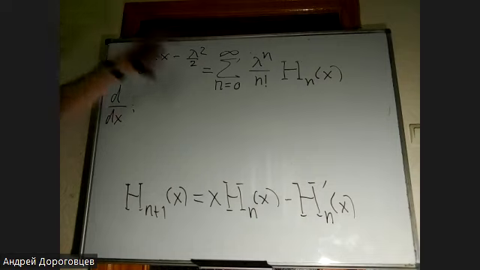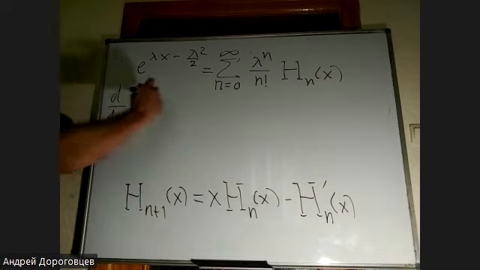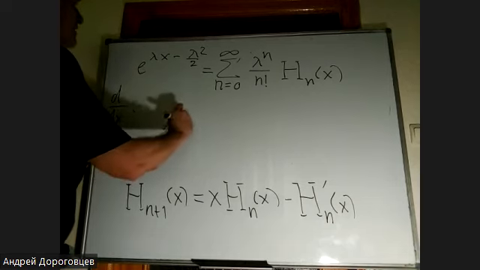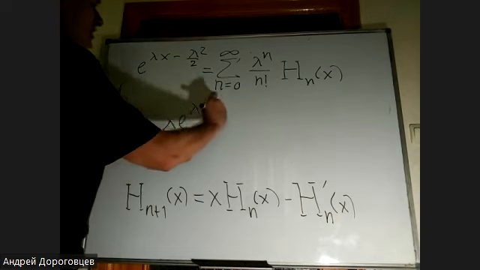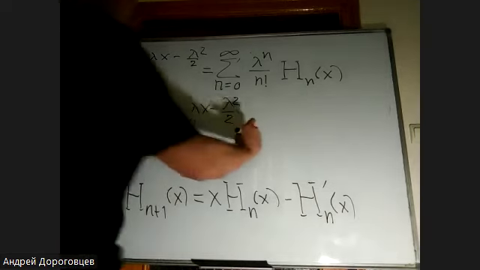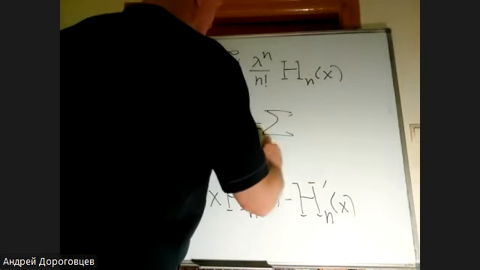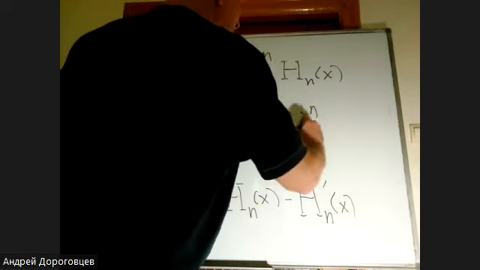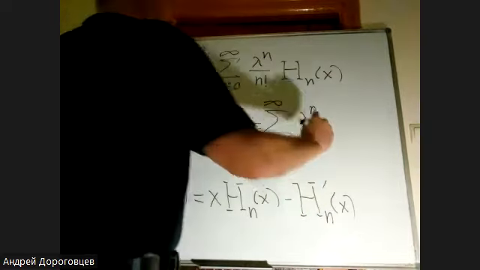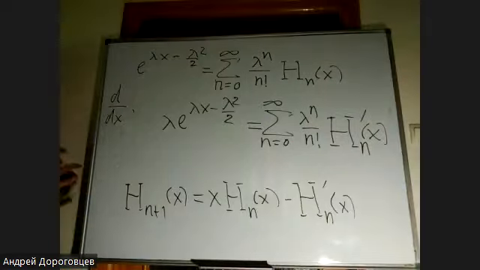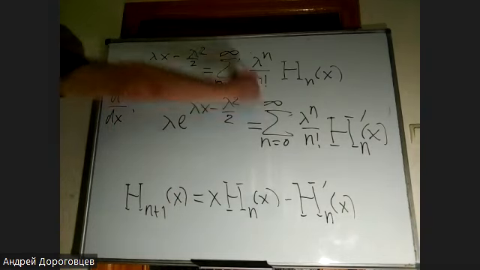So one can do differentiation, and I will get here λ e^{λx - λ²/2}. It's easy. It must be equal to the sum over n equals 0 to infinity of λ^n / n! H_n'(x). I just do differentiation on the right.